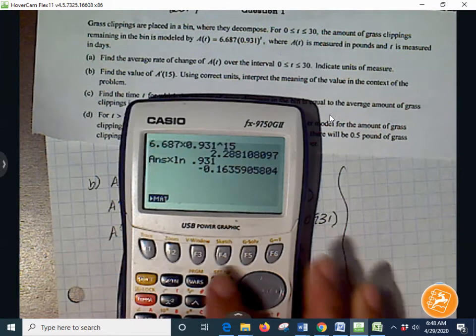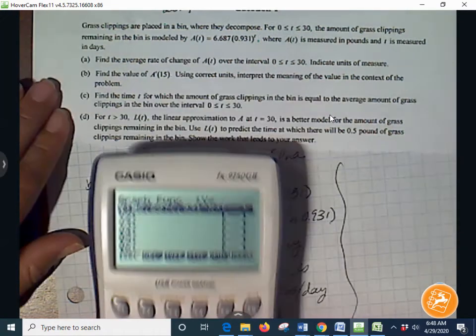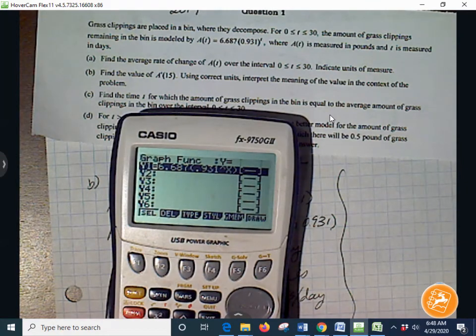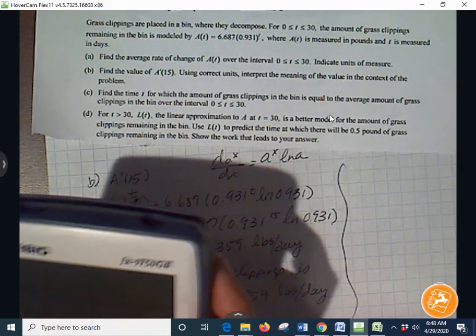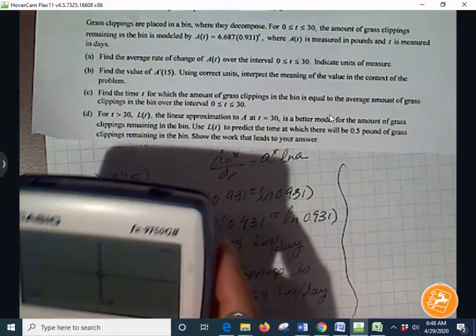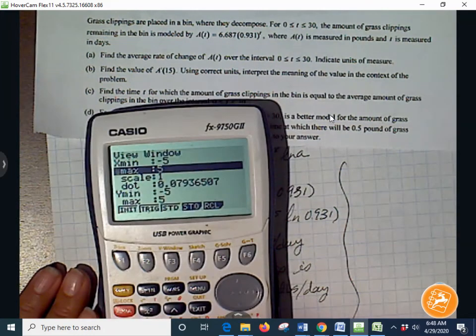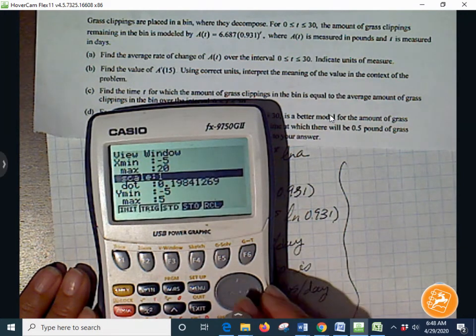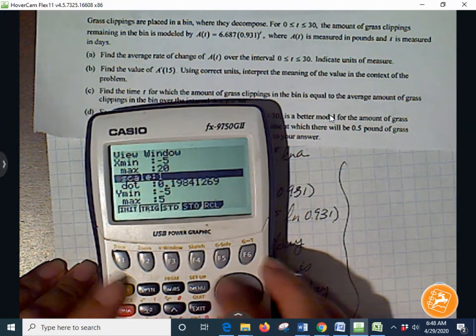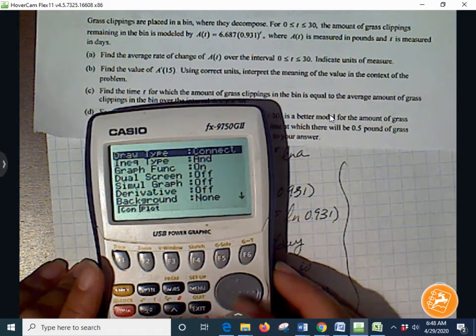Okay, so you used your calculator here, but how else could you use your calculator? I already put this into my graphing portion, in my Y1. Now I need to change my viewing window so that I have at least 15, so I'm going to go to 20. I'm going to turn on my derivative.